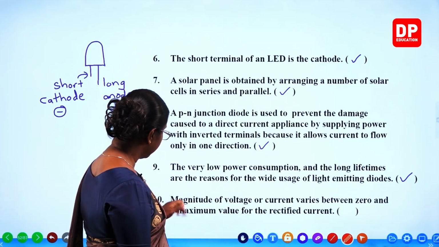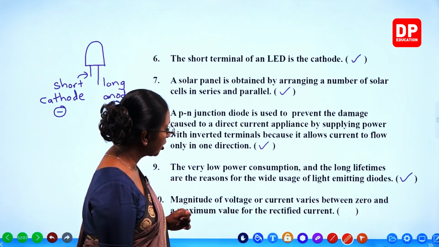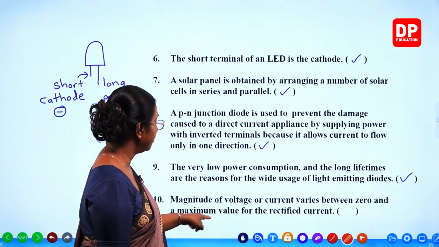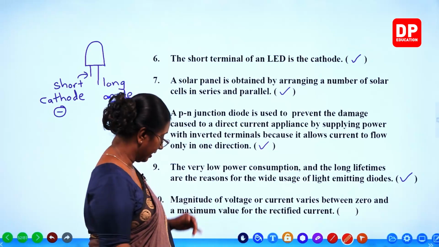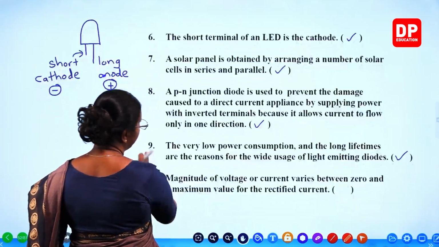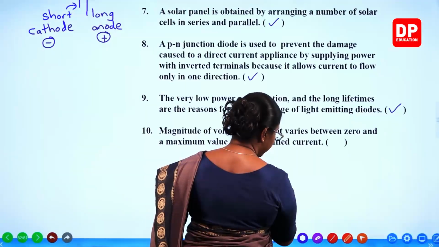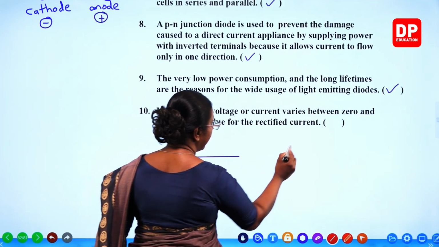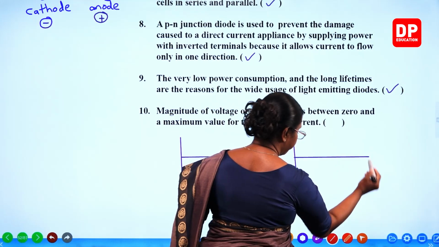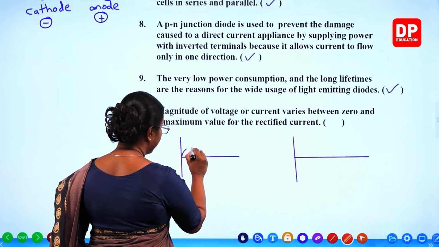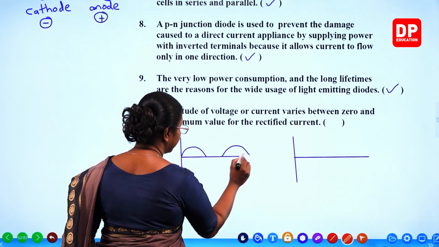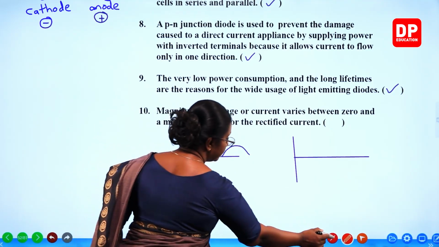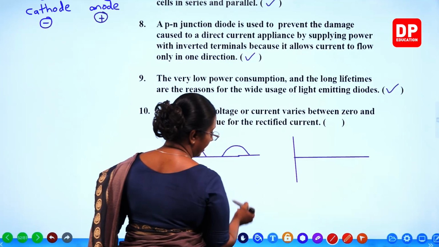Then the 10th one. Magnitude of voltage or current varies between 0 and a maximum value for the rectified current. That is also correct. You all are familiar with that, students. Now we have seen both half wave rectified and full wave rectified. In half wave rectified, there will be a gap, but still there is fluctuation between 0 and a particular value.